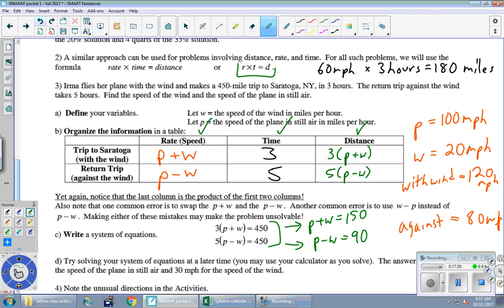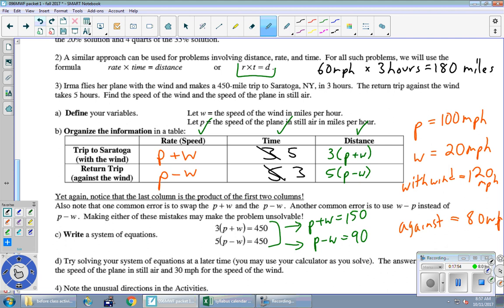Okay, the other common mistake I've seen is this. Students sometimes will put the time in without thinking about where the time goes, and it feels like it shouldn't matter, right? It's just 5 for one trip and 3 for the other trip, and if you change the row headings, whatever, it's fine. But the problem here is that P plus W assumes that the wind is helping the plane, yes?